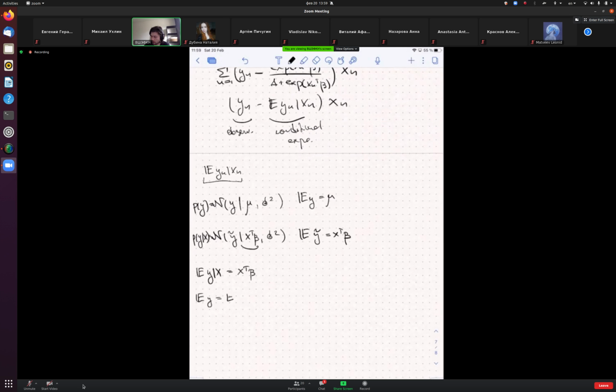So then we could decompose it, taking the expectation over x. I hope you see the difference: the conditional expectation is taking expectation in the presence of some additional information.